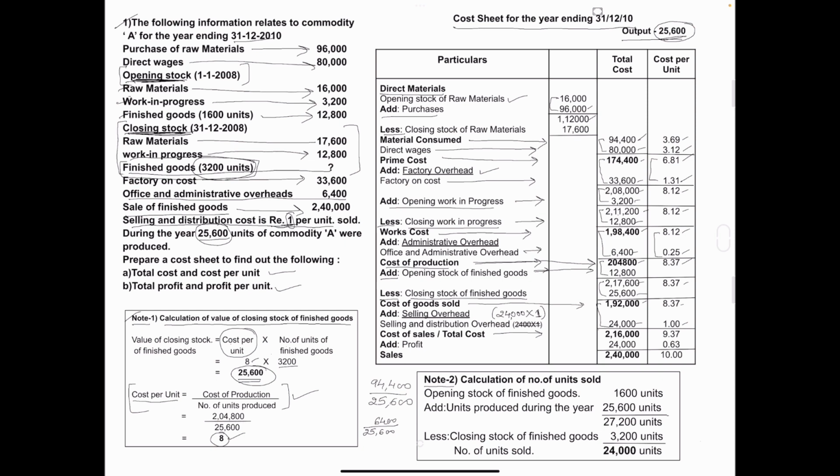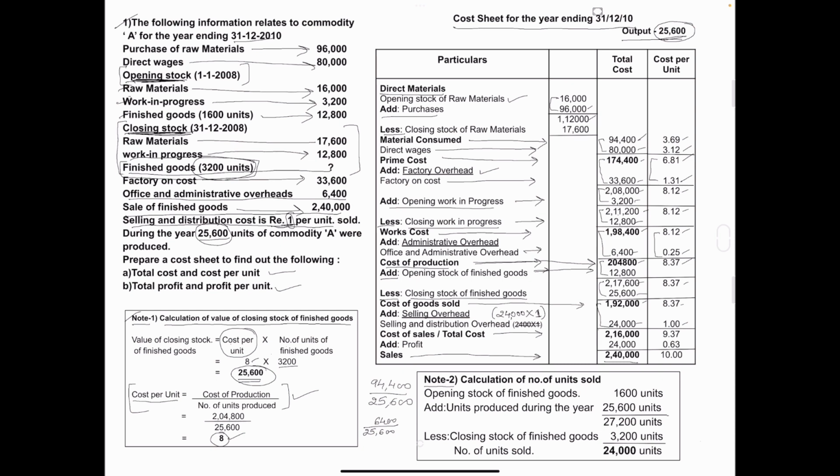Sale of finished goods is rupees 2,40,000, which means in this year they have made sales of rupees 2,40,000. So first we have to write the sales amount. Okay, 2 lakh 40 thousand. For profit they have not given. We have to calculate profit; sales amount they have given here.